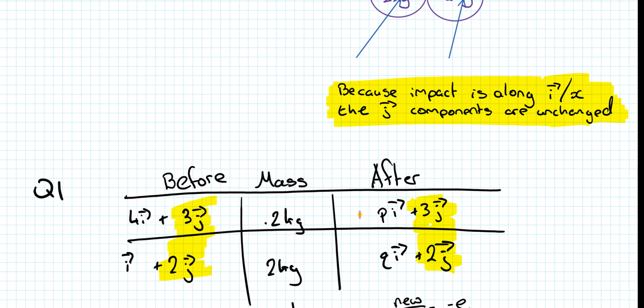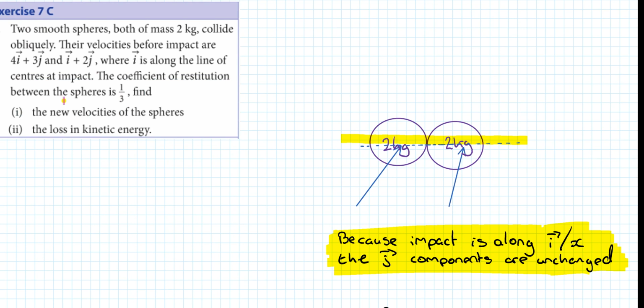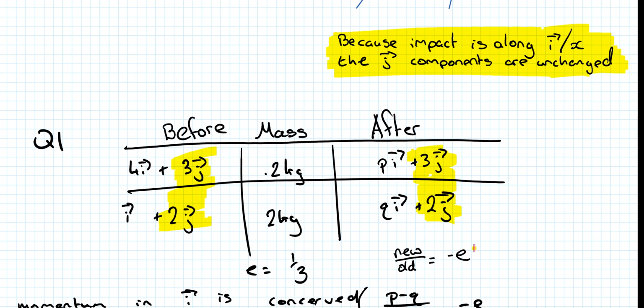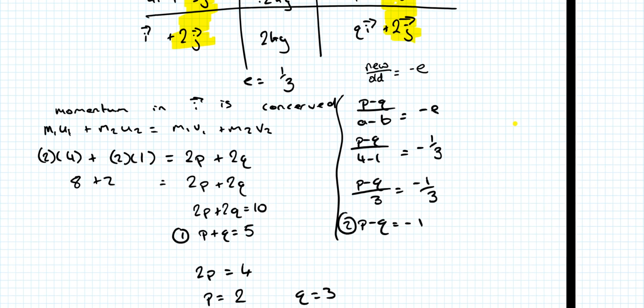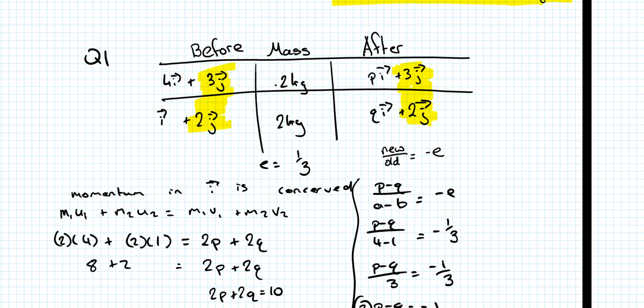We know that the coefficient of, what does it say? The coefficient of restitution between the spheres is a third. Well, we know we have a formula for that already. We know that new velocity over old velocity is equal to minus e. Now with oblique collisions, we change that slightly.